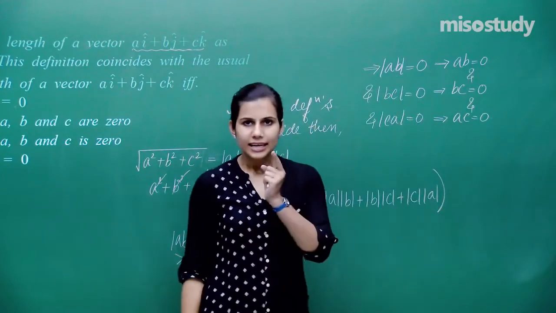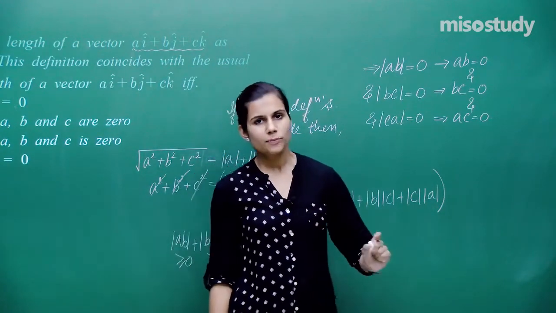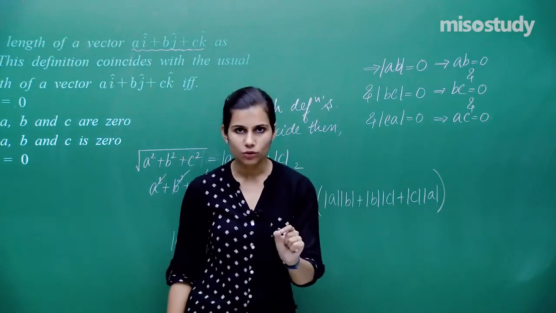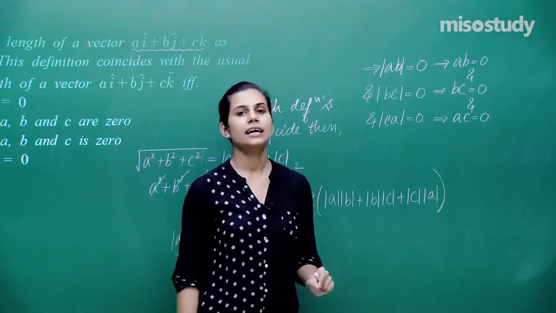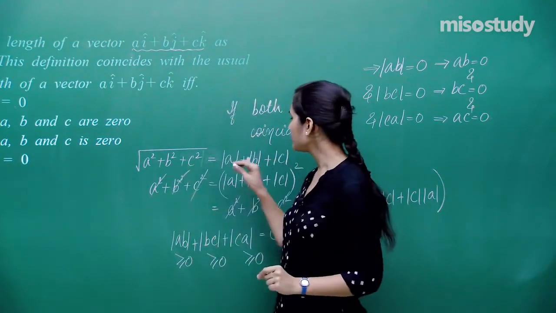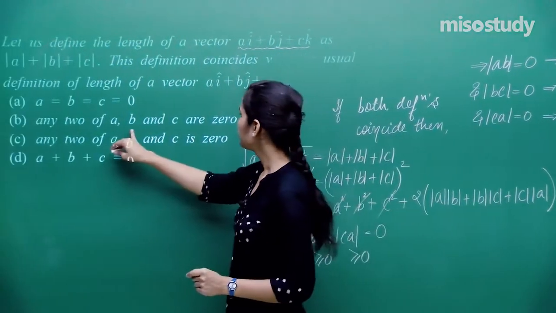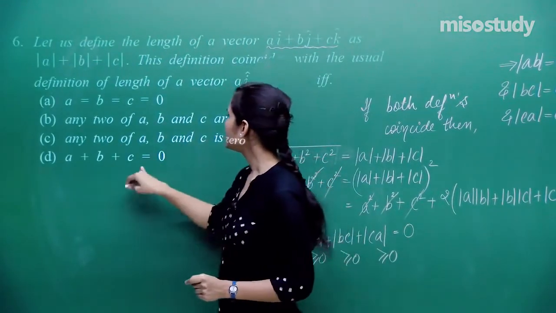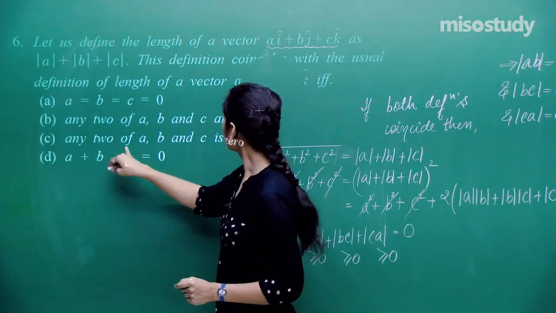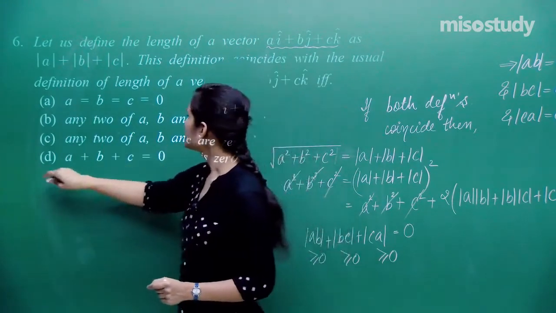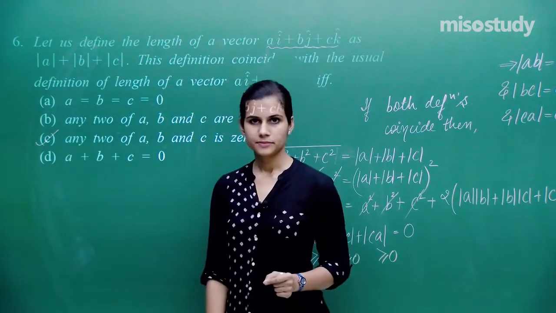Suppose A into B, B into C, C into A, product of any two of these is 0. In that case, I say that both these definitions of computing the magnitude coincide with each other. So the answer is if any two of A, B and C are 0. Any two of A, B and C is 0. Clear?